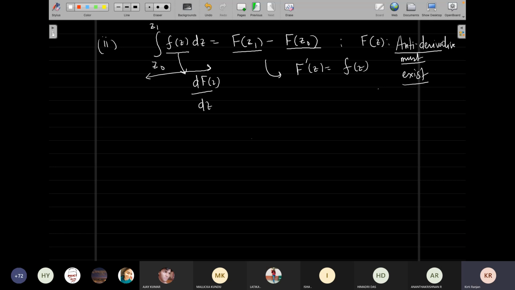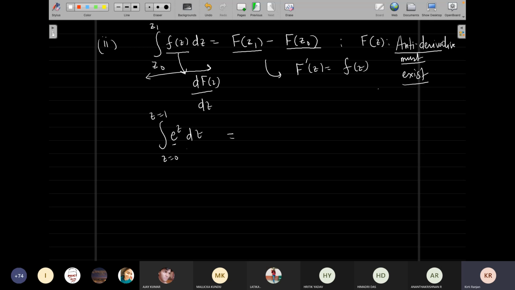If I ask, for example, for the integral of e^z dz from z equals 0 to z equals 1, how are you going to evaluate it? Is e^z analytic between z equals 0 and z equals 1? Yes, because this is an entire function, so I do not even need to check.